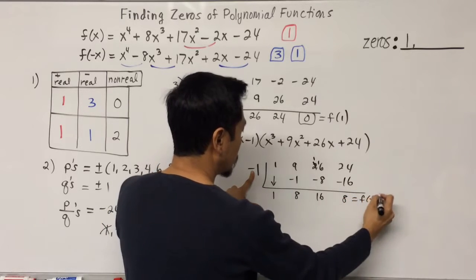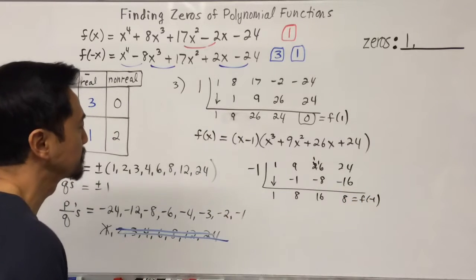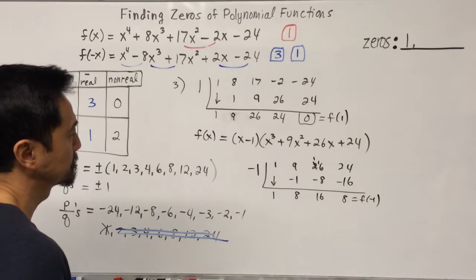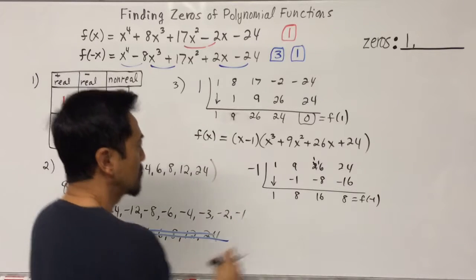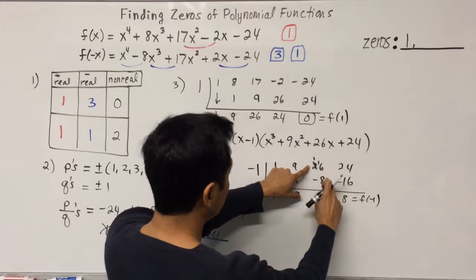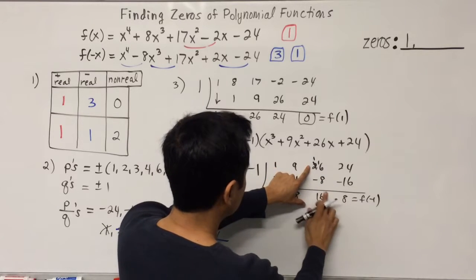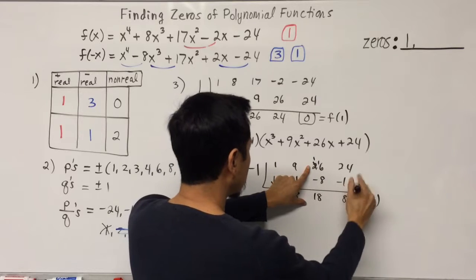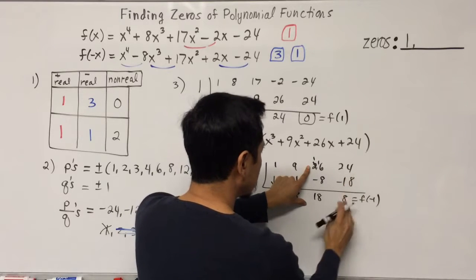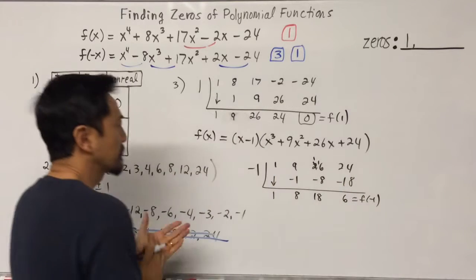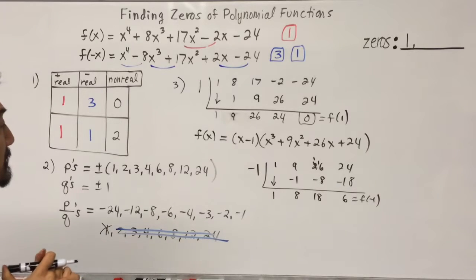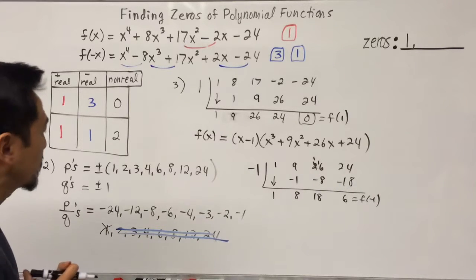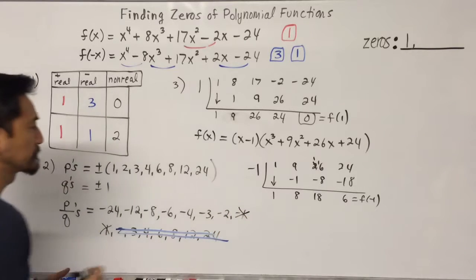So f of -1 does not equal 0. Oops, is that right? 26 minus 8. That's not right. That's 18. But regardless, it's still not 0. Okay, so we are done with -1.